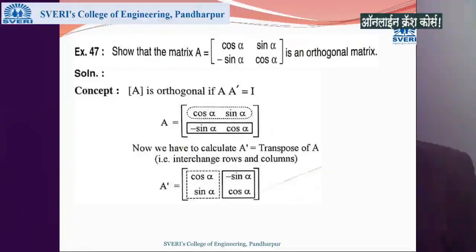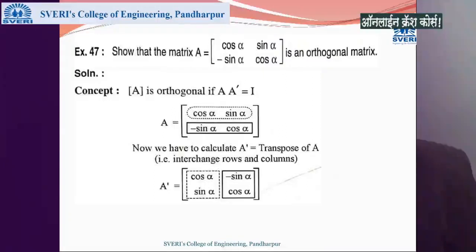If we take the multiplication of these two matrices, A into A dash, R1 C1: cos alpha into cos alpha, that is cos square alpha, plus sin alpha into sin alpha, sin square alpha. It gives cos square alpha plus sin square alpha. As we know that the trigonometric identity cos square theta plus sin square theta is equal to 1, therefore here we are getting 1.